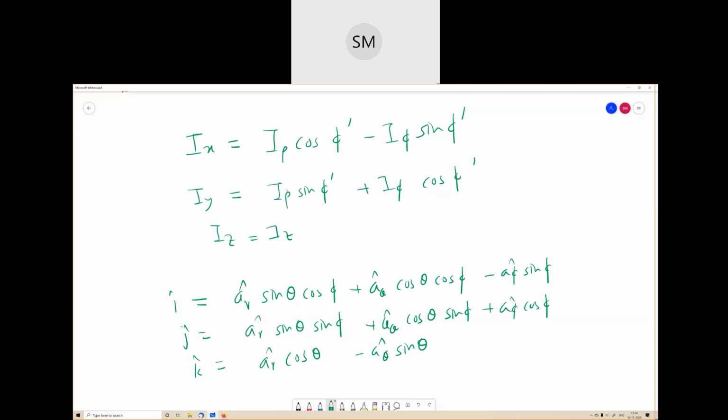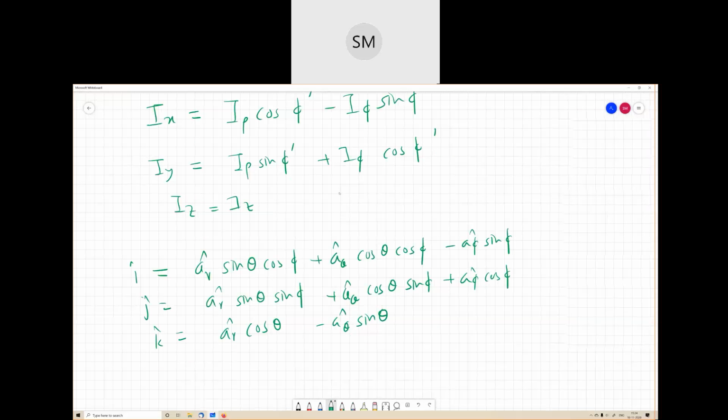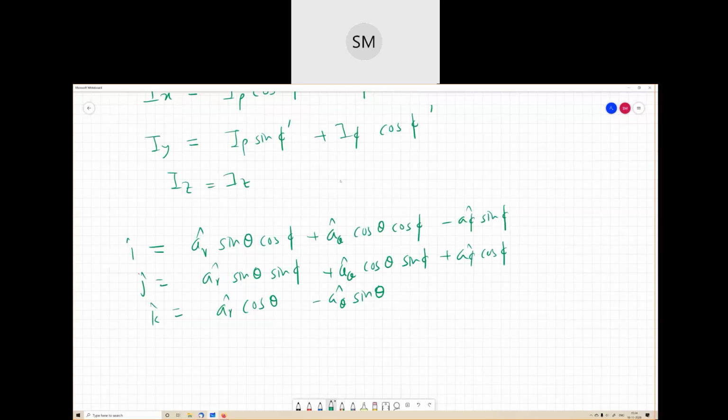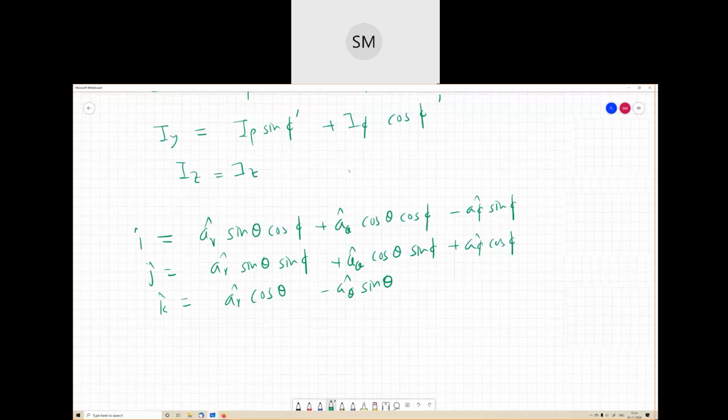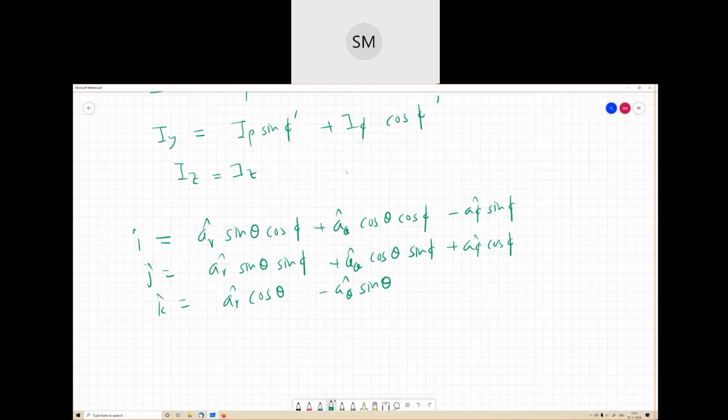Okay. So this is simply a coordinate transformation between the spherical and the Cartesian coordinates.